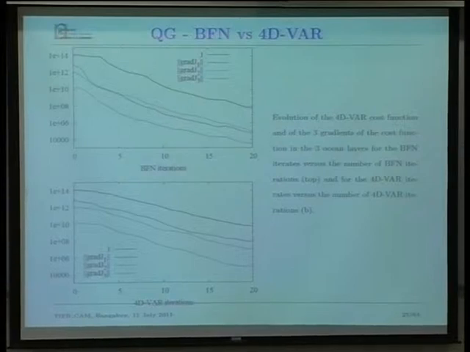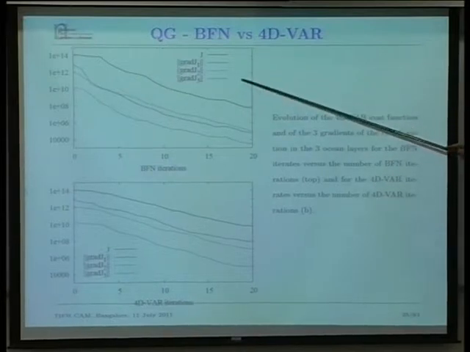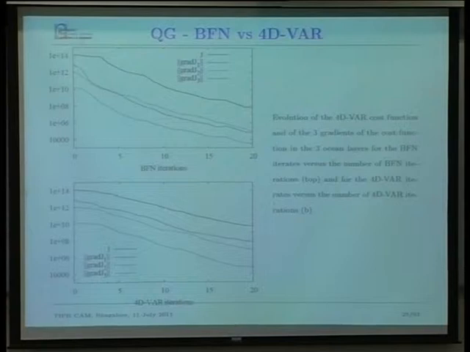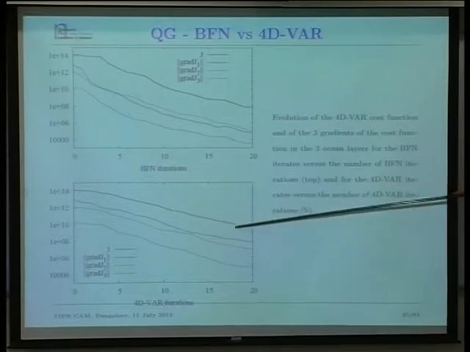A funny thing is that you can compare the decrease of the cost function and the gradient of the cost function. So we have the cost function and the 3 gradients on each layer. So here it's the 4D var. The goal of the 4D var is to minimize the cost function. So the cost function decreases.